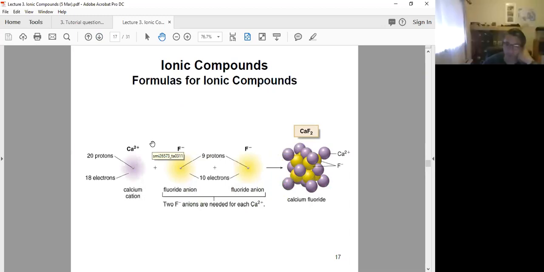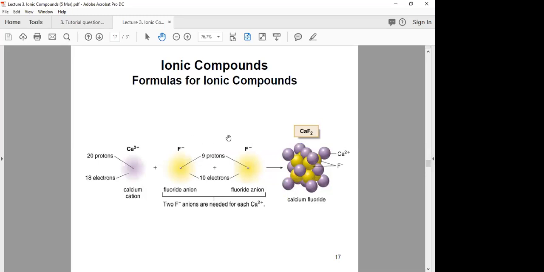You'd need 2 fluorides to... Exactly right. So we would actually need 2 fluorides for every 1 calcium to balance the charge. And here it is, shown here, 1 calcium and 2 fluorides, denoted by that number 2 as a subscript. Now we have an electrically neutral compound, calcium fluoride.